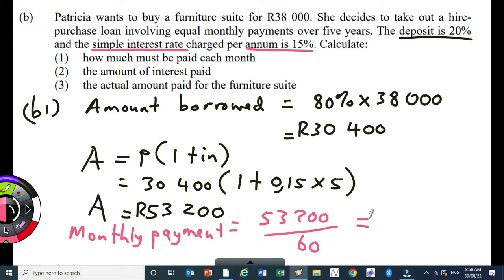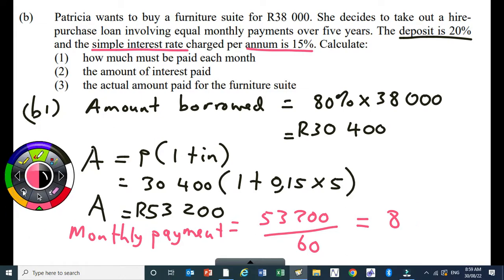So how much is she going to pay per month for 5 years? 886 and then 67 cents. 886. Okay, are you all getting the same answer? 886 and how many cents? 67.